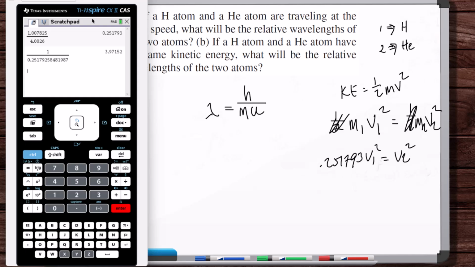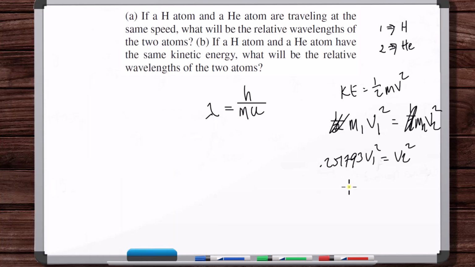Now, if we take the square root of this, that's v1 over v2, which is about 2. So v1 over v2 is equal to 2.